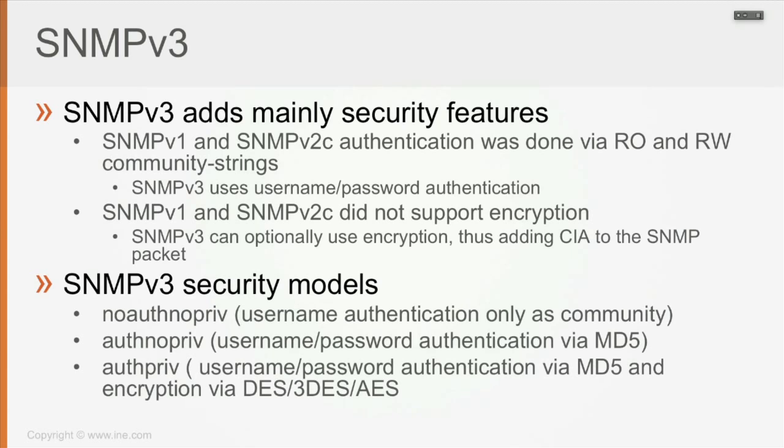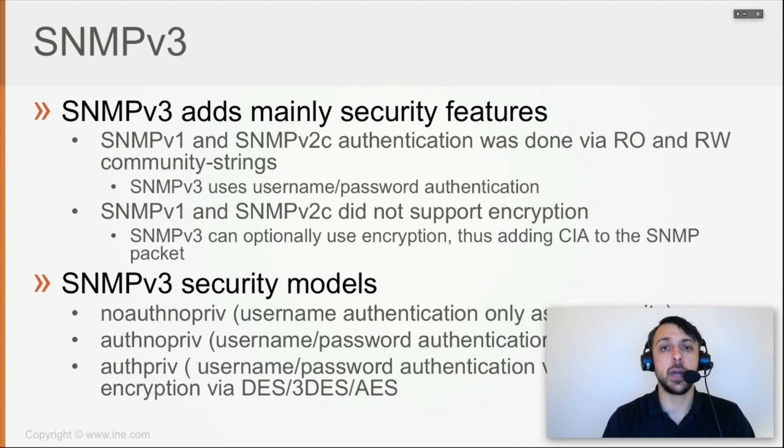Now, to enforce those new security features, SNMPv3 supports three security models. The first one is called noAuthNoPriv, which means that the authentication of the packets between the manager and the agent is done solely based on a username, so no password, which is basically going to be seen as a community. This is for backwards compatibility.